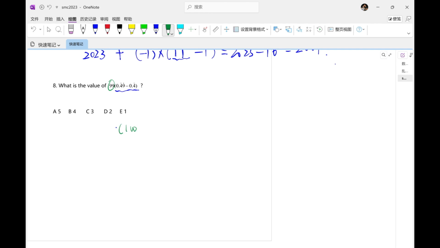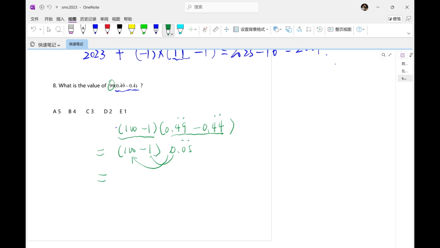So we substitute 100 minus 1 for 99, and 0.4949 repeating becomes 0.5 minus 0.0050 repeating. It is convenient for us to operate it out. And (100 minus 1) times 0.05, the multiplication is close to addition and subtraction.